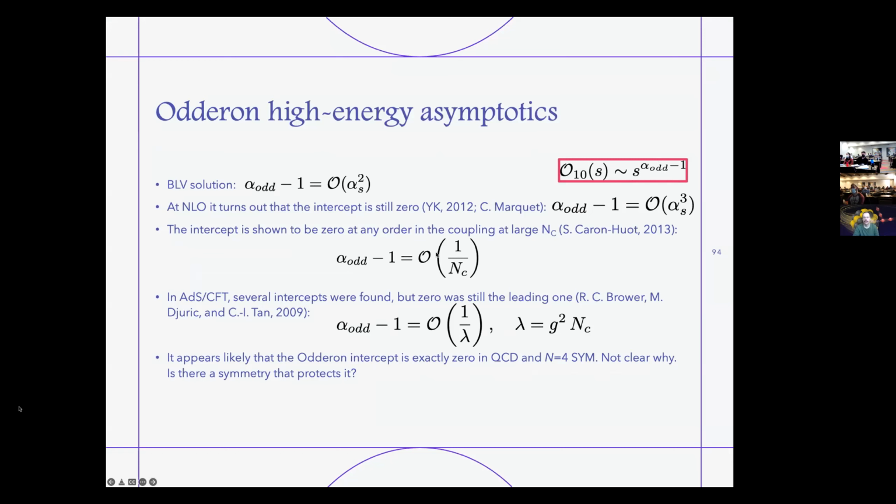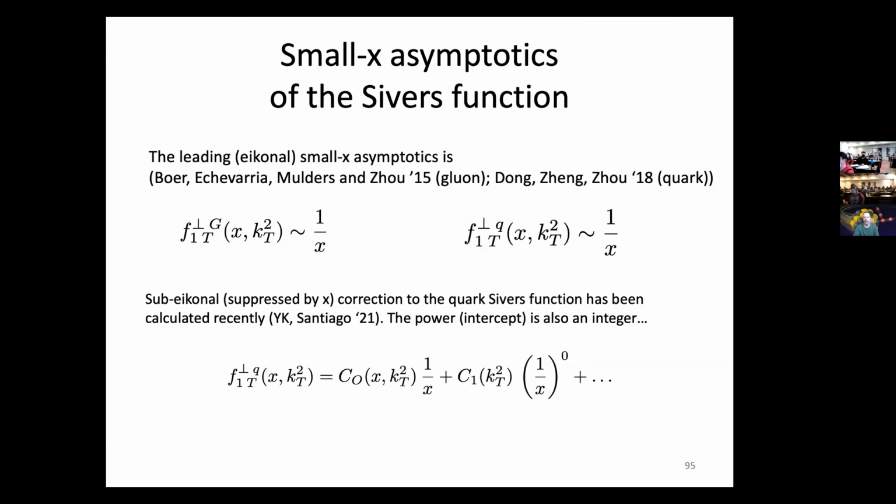There's a general Lipatov argument that it has to be 0. It's 0 at large coupling in the AdS/CFT correspondence. So it's some sort of a magical 0. No one really, I don't think, understands why. But the end result is that the gluon Sivers and quark Sivers functions at small x, because of this odderon exchange, really behave as 1/x without any power law corrections.